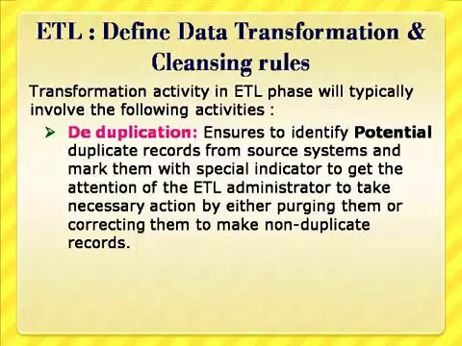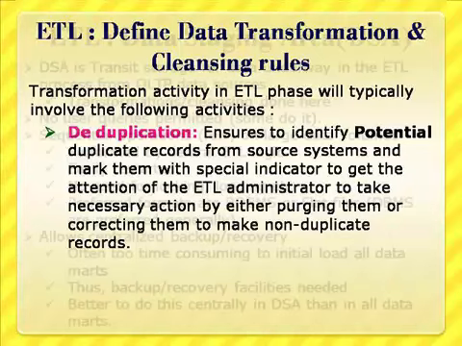Now, such records are marked with a special indicator and they are made available to the ETL administrator or business users to confirm if they are really duplicates or not. If they are duplicates, then the business users along with the ETL administrator have to correct the data and then resubmit it back to the ETL process, so that these records will finally get uploaded into the data warehousing application. So this is a very simple example that could be cited for deduplication process.